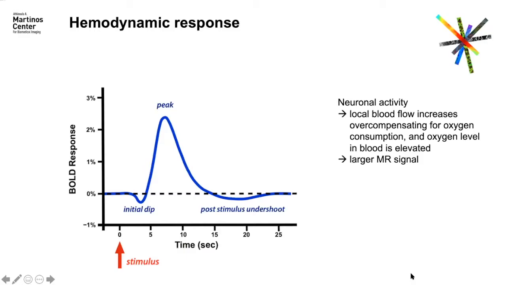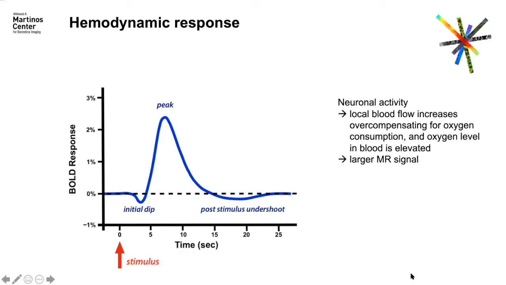The mechanisms of those are not so clearly understood, and they might be variable between different subjects or tasks, but the initial dip is commonly thought to be because the initial consumption of oxygen is increased before the new fresh blood kicks in, and also maybe the cerebral blood volume is increased, and the post-stimulus undershoot is probably caused by the prolonged activity or consumption of oxygen, or it might also be related to the ballooning of the vessels as a response to this peak.